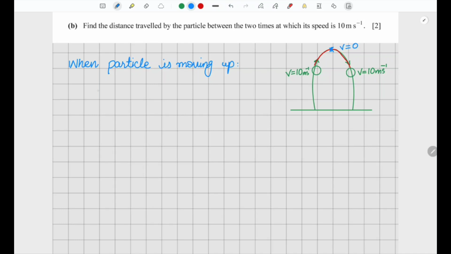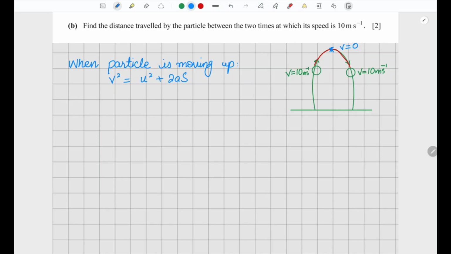As we don't have time, we need to relate the displacement and distance and the velocity. So we are using this equation, v squared equals u squared plus 2as.